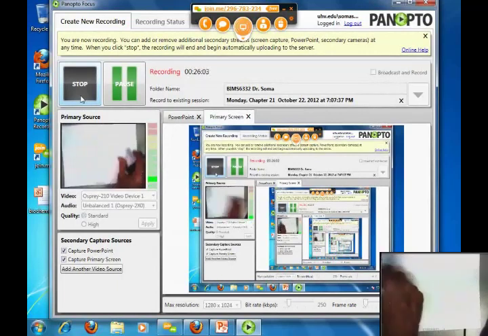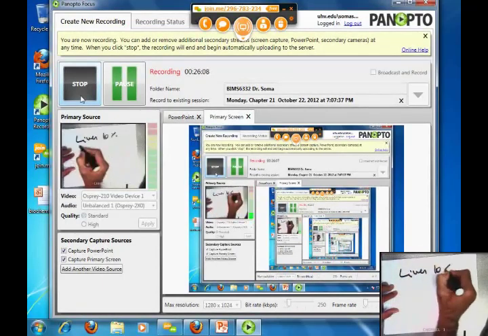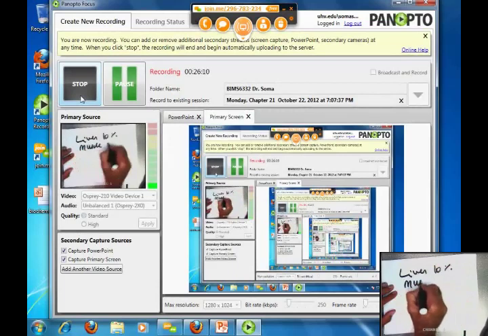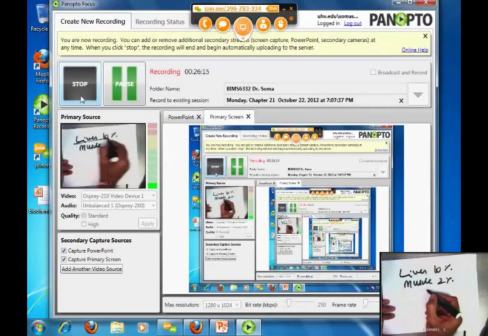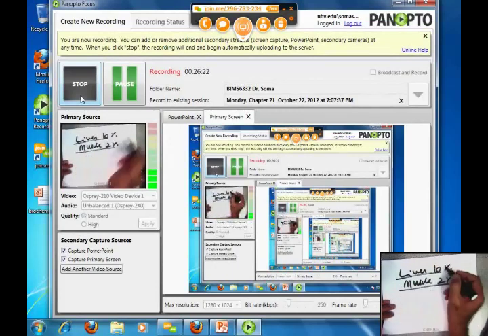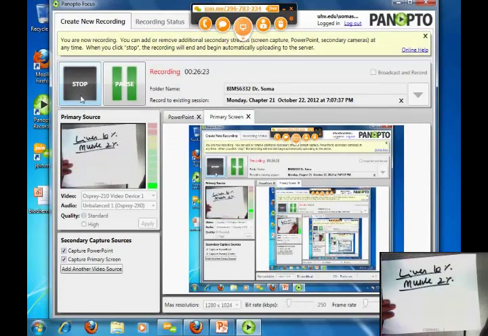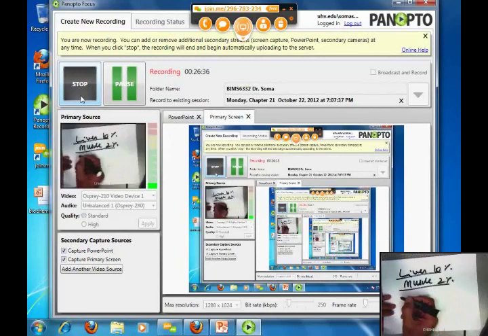Now, how much more does the liver have? Liver has 10% and muscle 2%. When you have 100 gram of liver, 10 gram of that is glycogen. And if you take 100 gram of muscle, you can get 2 gram of glycogen. That is the quantity they store inside the cells of the liver and muscle.